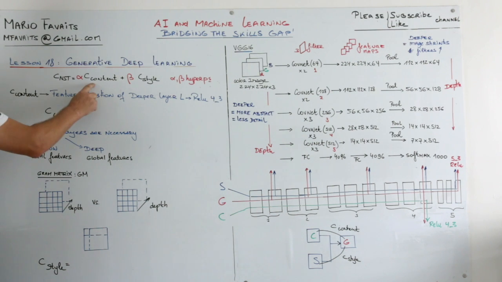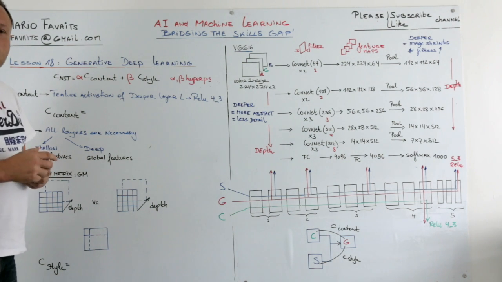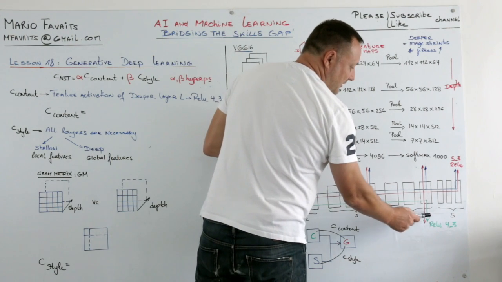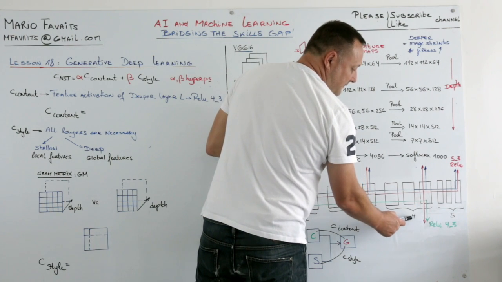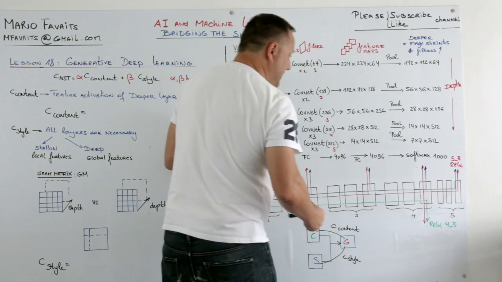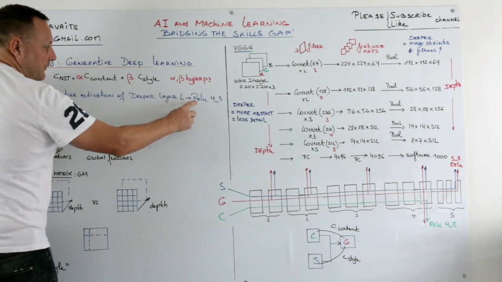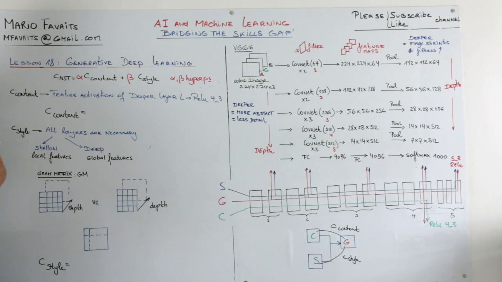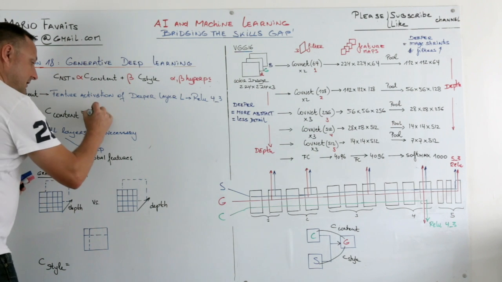Now, how do we calculate the content cost here? Well, we know that it's a feature activation of one of the deeper layers. And in our case, we chose to tap the signal from block 4, layer 3. So it's a ReLU from block 4, layer 3. And the content cost is nothing more than the mean squared error. So we're measuring distances here.